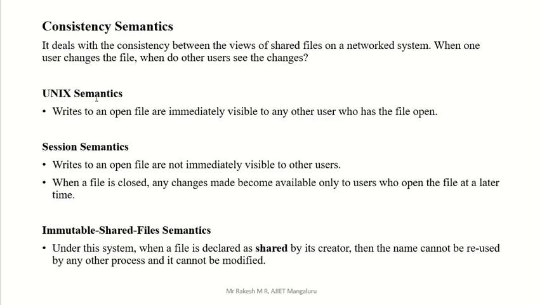Now the first method is Unix semantics. In consistency semantics we have three methods. One is Unix semantics. What is that? Writes to an open file are immediately visible to any other user who has the file open. When one person edits a file, that file can be shared with another person also, so the second person can also see that file. Now if the first person edits something in that file, can the second person see it?